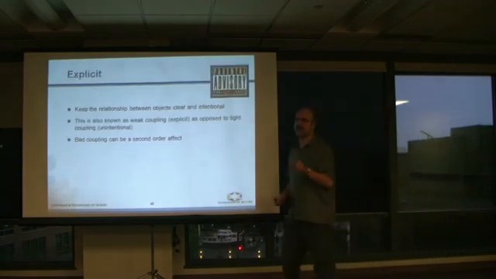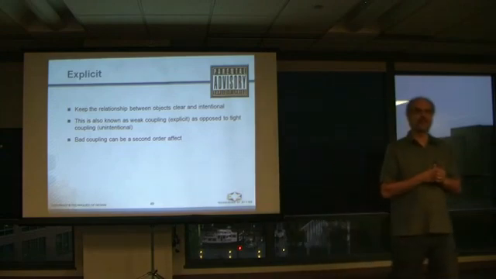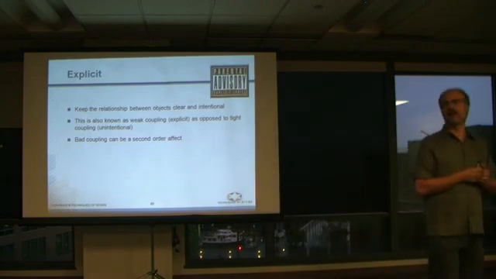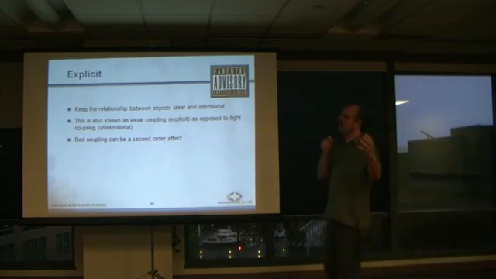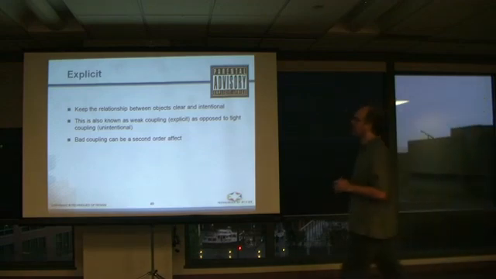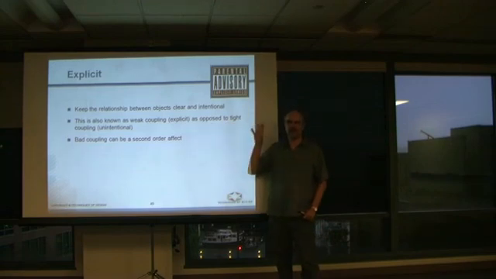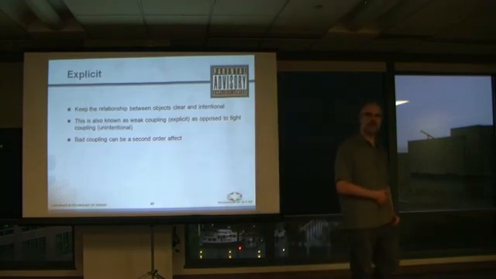The last code quality I want to touch on with you is, I call it explicit, but really it's coupling. It's the relationship between entities. And we want to make sure that they're intentional or explicit and clear. When we talk about coupling, they talk about weak coupling and tight coupling, and I never could figure out which one is the good one and which one is the bad one.